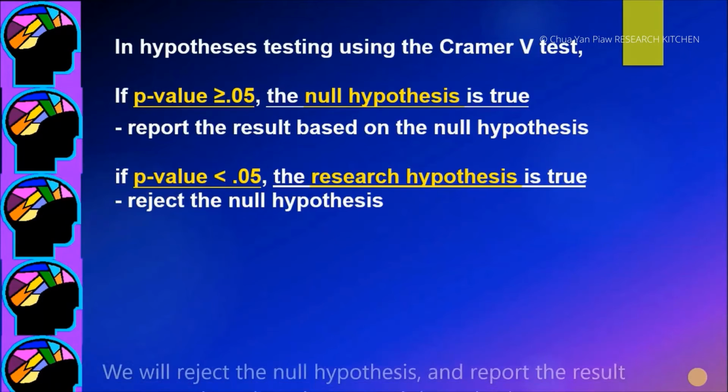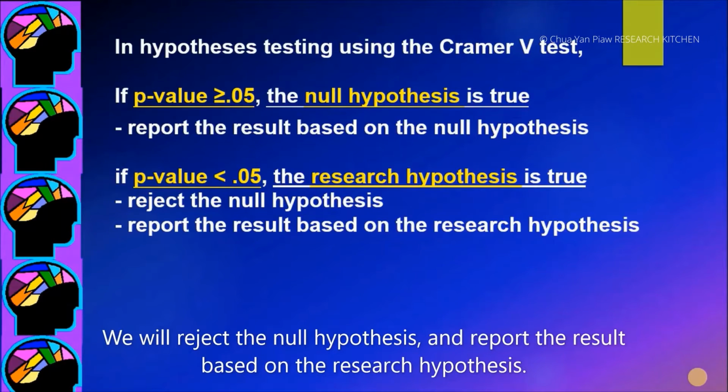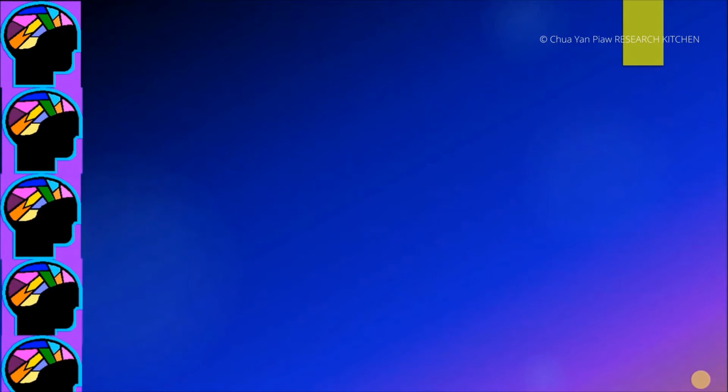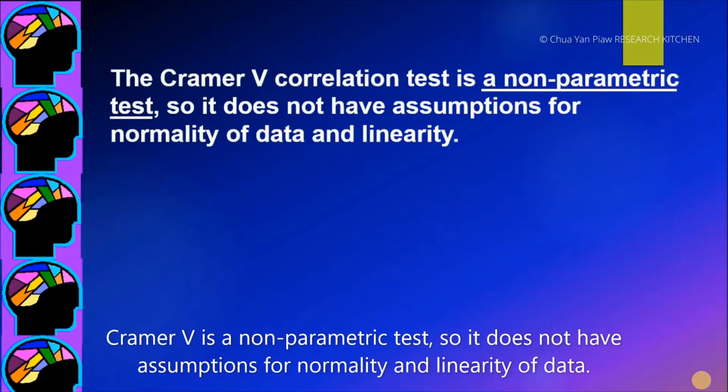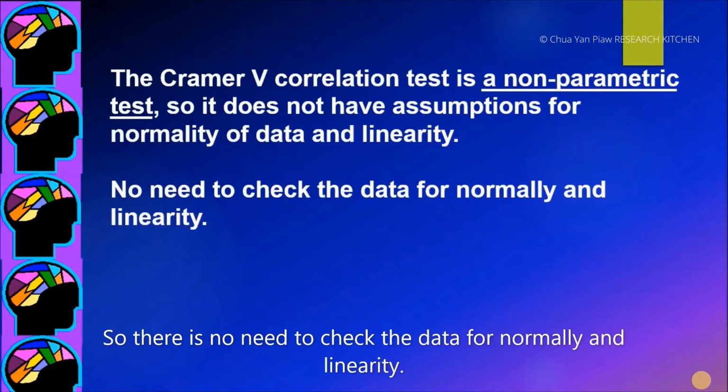We will reject the null hypothesis and report the result based on the research hypothesis. Cramer V is a non-parametric test, so it does not have assumptions for normality and linearity of data. So there is no need to check the data for normality and linearity.